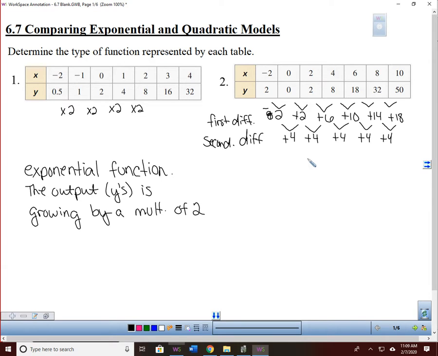Okay, and if you'll recall from a previous lesson, when your first differences are the same, that would be a linear function. When your second differences are the same, that makes this quadratic. So this would be a quadratic function, and your reasoning would be, the second differences are constant.